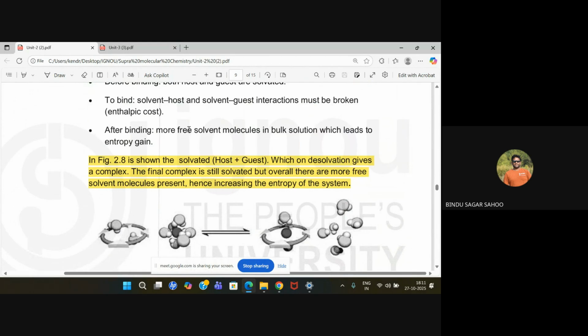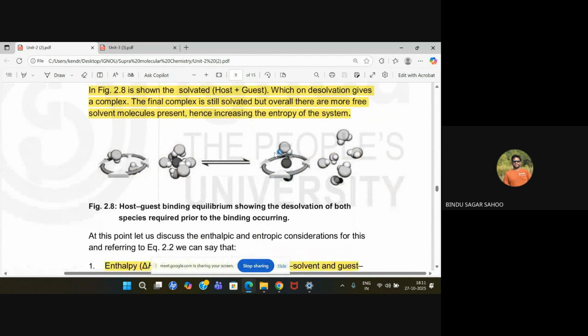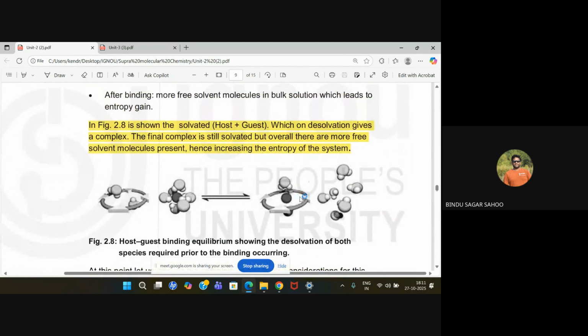So after binding, what happens? You can see here the complete circle is the host, and the dark circle is the guest, and the solvent molecules move away from the host-guest complex. When the solvent molecules move away from the host-guest complex, they are a little bit more free.